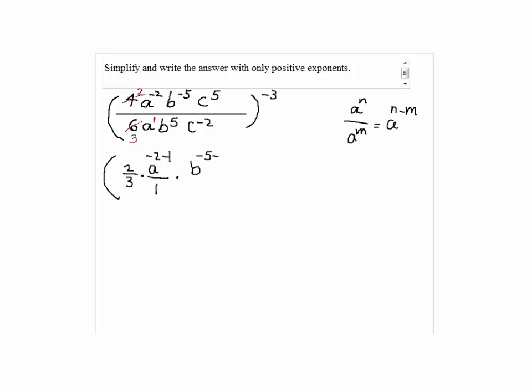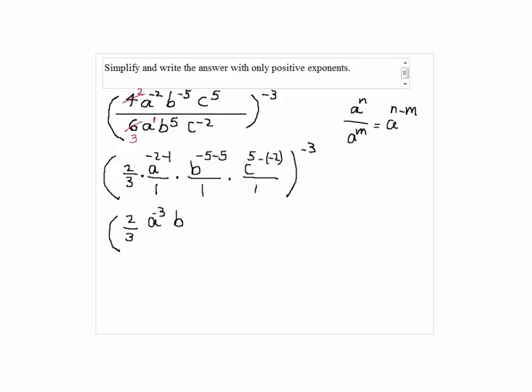Notice that the exponent here is 1 over 1. And then I would have b to the power of minus 5 over 1 times c to the power of 5 minus 2 over 1. And the whole thing would be raised to the power of negative 3 later.